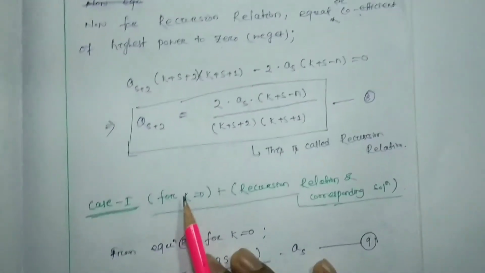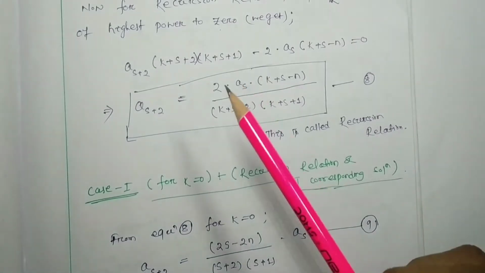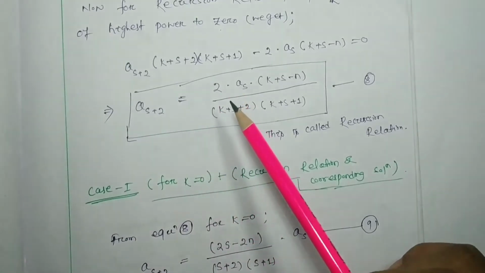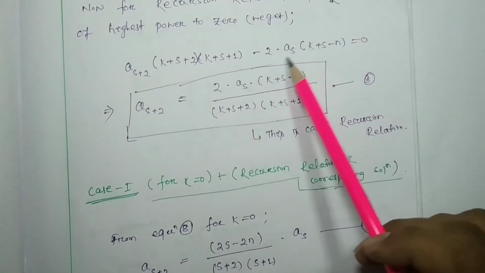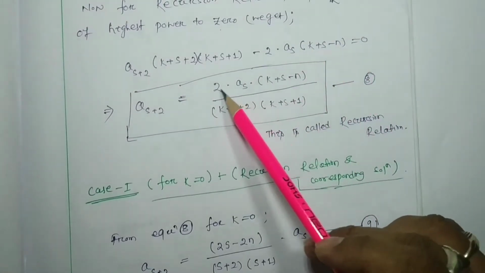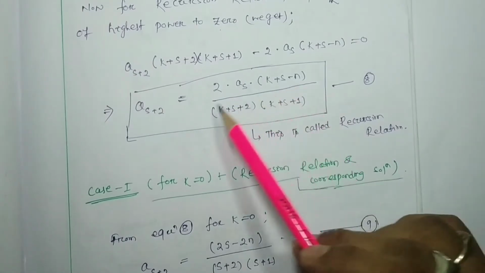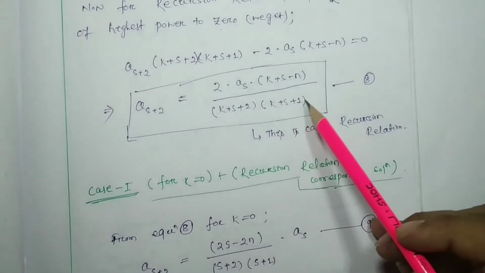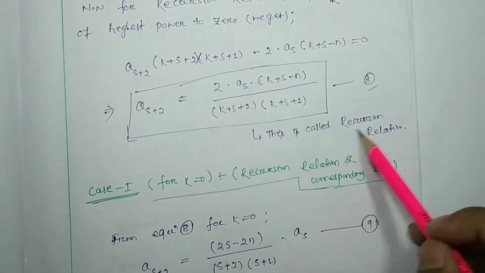So that implies a(s plus 2) equals 2 into a s into (k plus s minus n), whole divided by (k plus s plus 2) into (k plus s plus 1). Let it be equation number 8. This is called the recursion relation.